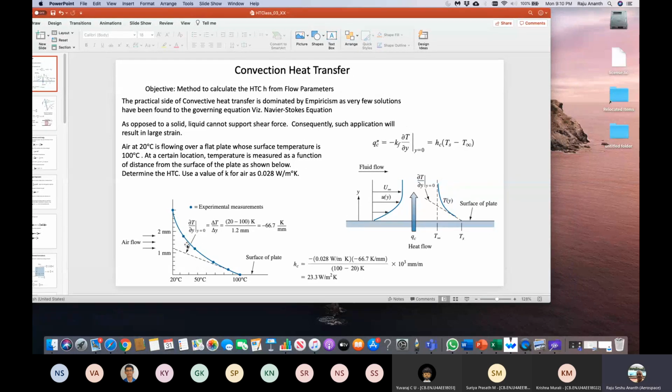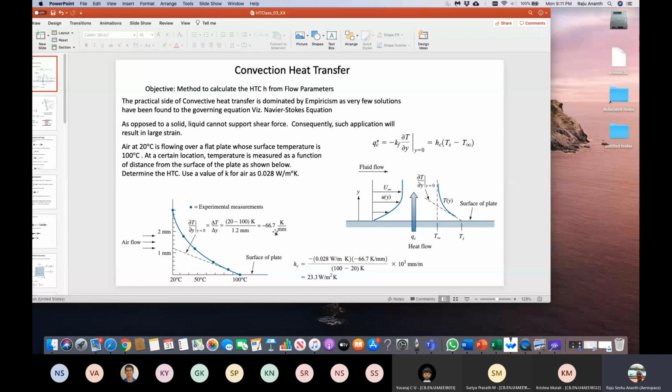dT over dy. So I have plotted this. That's a plotting of the temperature as a function of y. This is the temperature on the x-axis. Y-axis is given in millimeters. So dT/dy, this is the slope. So I know exactly 20 degrees to 100 degrees, that's the x variation, divided by the y variation, which is about 1.2 millimeters.